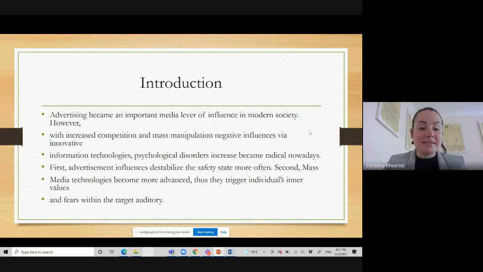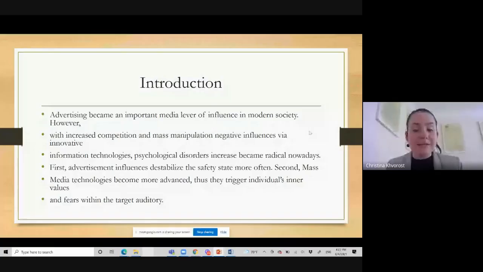Mass communication, let's say, first, advertisement. This safety state becomes more advanced, and advertisements trigger individuals' inner values and fears within the target audience.